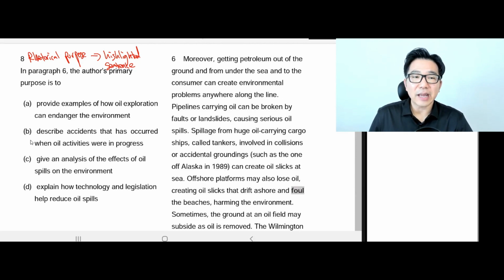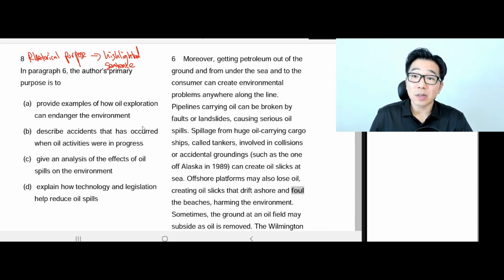So before looking at the answer choices, if this was a short answer question, not multiple choice, then the answer would be to state that getting petroleum out and moving it could create environmental problems, and they are providing examples to support that message.